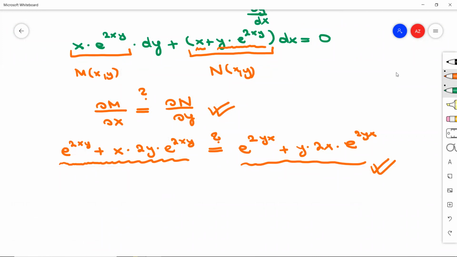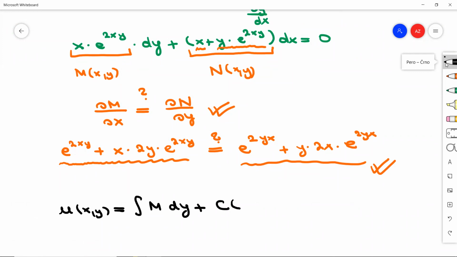Let's finish with this example before we do a break. So now the candidate for u is the integral of M with respect to y plus some constant which is independent of y, so plus some function of x.